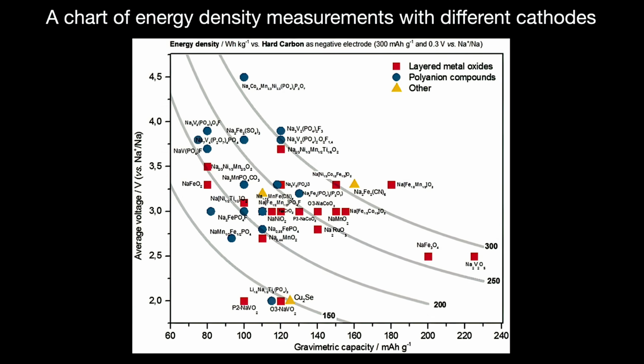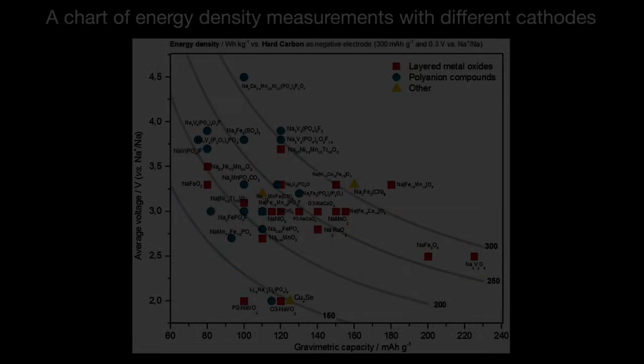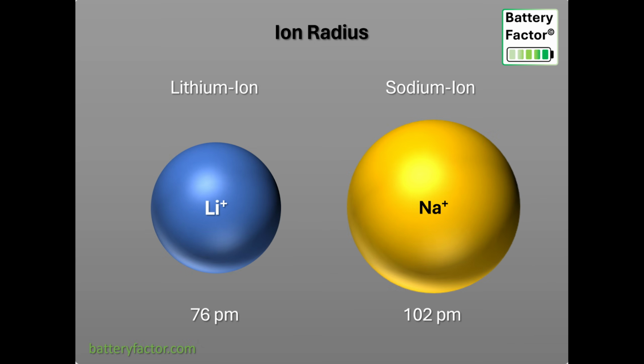There are dozens, if not hundreds, of potential ways to arrange the crystal structure of the cathode, and that in turn results in a wide range of potential cost and performance characteristics. With that said, there are generalizations that can be made about the differences between sodium and lithium-ion cathodes, which are directly or indirectly related to the larger ionic radius or size of the sodium ions.